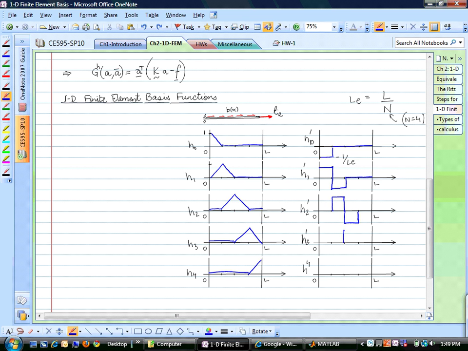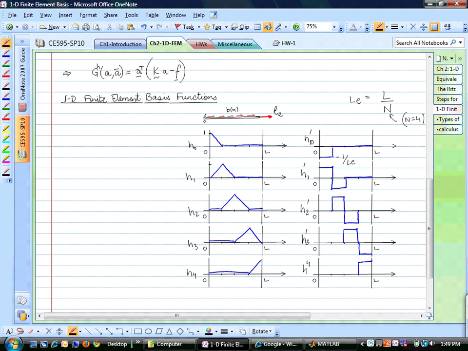This one is positive here, negative here, and this one is positive here. Okay. So these are the derivatives. Now, are these derivatives continuous? These derivatives are not continuous because they jump at every element boundary.